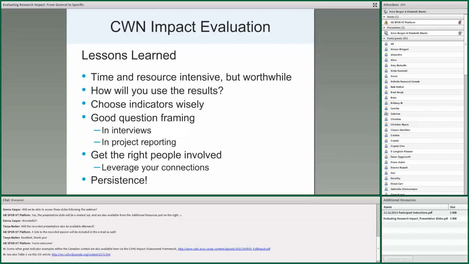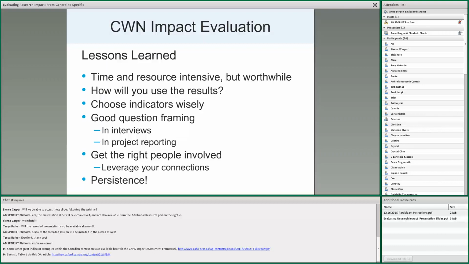Choosing your indicators is important. But also leaving yourself the freedom to add or remove indicators as your evaluation is going on based on what works and what doesn't work. And as Anne mentioned, leaving yourself the same freedom within your logic model to adapt and change depending on what you're hearing from the interviews that you're getting.